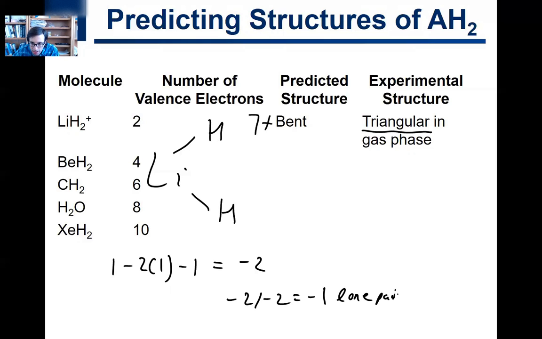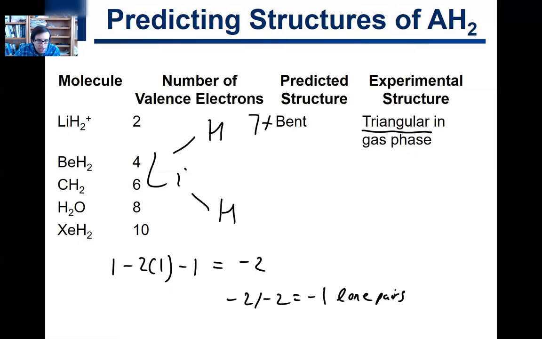So we have an electron deficient molecule, is what I'm trying to say. VSEPR theory can't handle this. It just doesn't make sense. You can't really draw a Lewis structure for this. The Lewis structure formalism doesn't make sense with an electron deficient molecule like this.